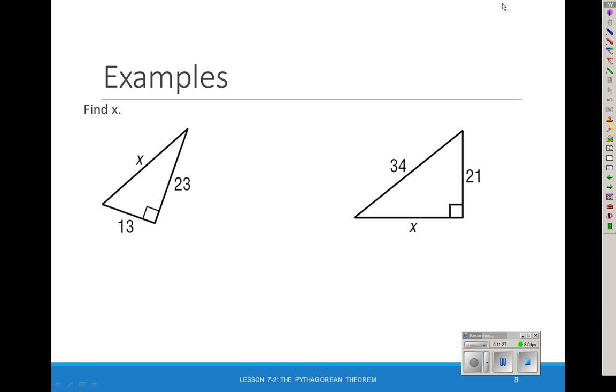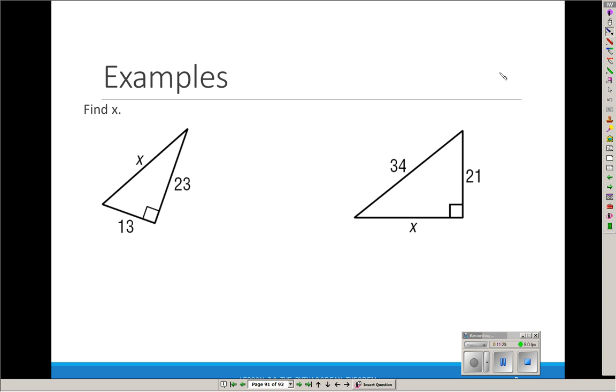Here's a couple more examples. We know these are right triangles. Let's find x. On this one, 13 squared plus 23 squared equals x squared. Remember, x is the hypotenuse, so it's going to go by itself. 13 squared plus 23 squared is 698.